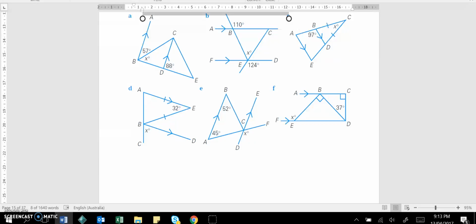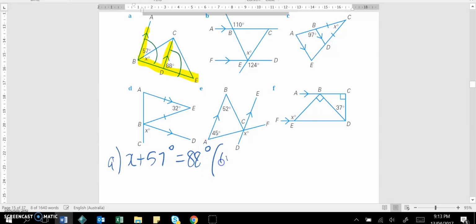So in question A, you can see that basically there's an F shape here. Okay, and inside that F shape, you have this angle and this angle. And an F-shape angle is a corresponding angle. So for part A, you're going to write down that x plus 57 degrees is equal to 88 degrees.